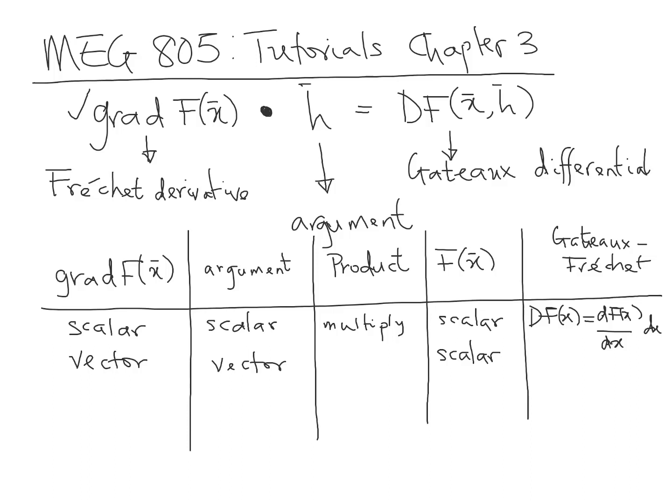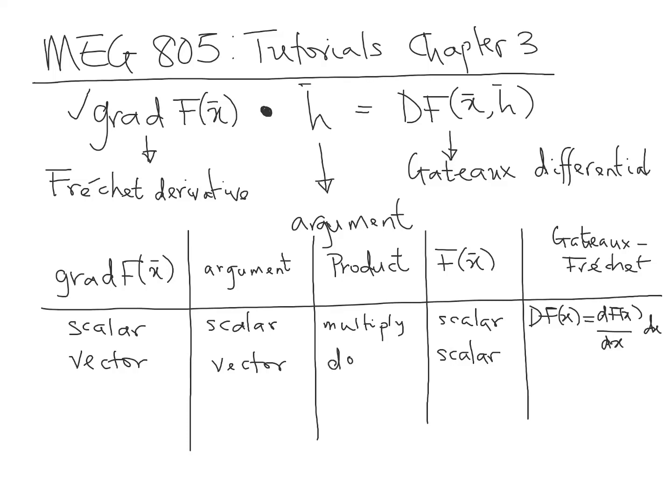The argument is a vector. The function is a scalar. What kind of product would we have? It's going to be a scalar product or a dot product. So what will be here will be a dot product.